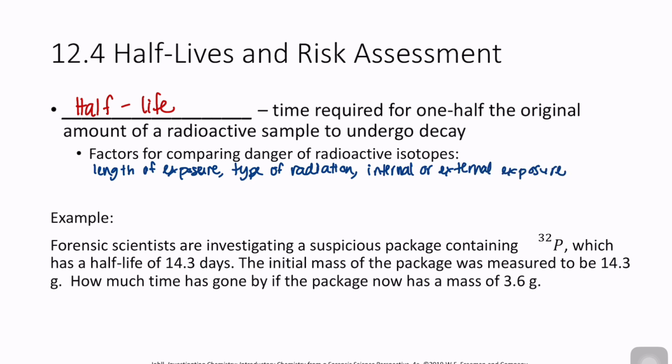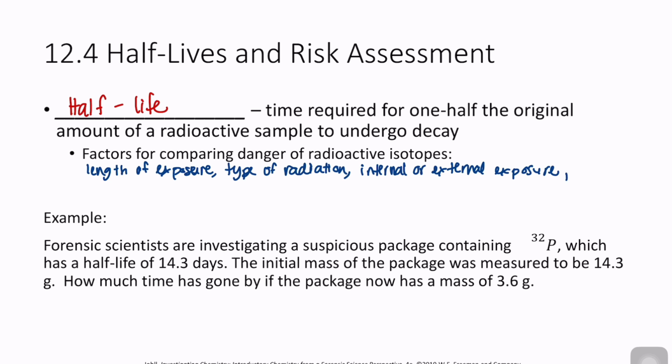And this is very important because we talked about how alpha particles are not going to do a lot of damage to you, but that is only if it is external exposure. If you ingest alpha particles, then all bets are off. You can undergo a lot of damage. And that's true with any radioactive isotope.